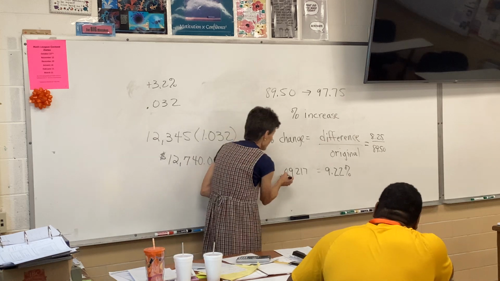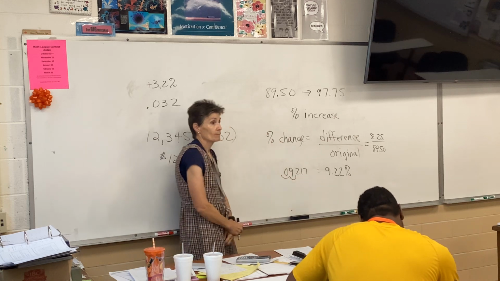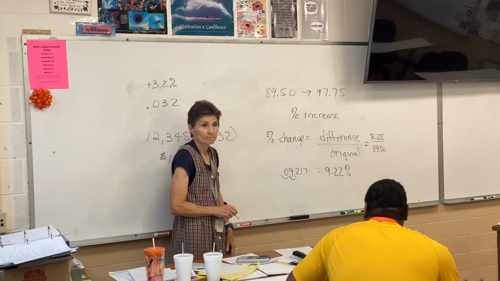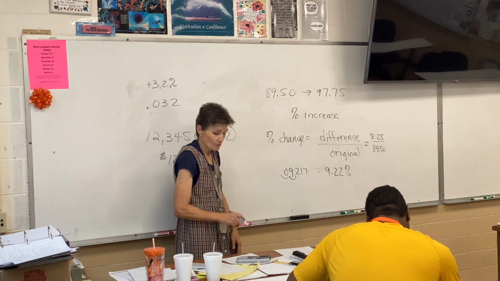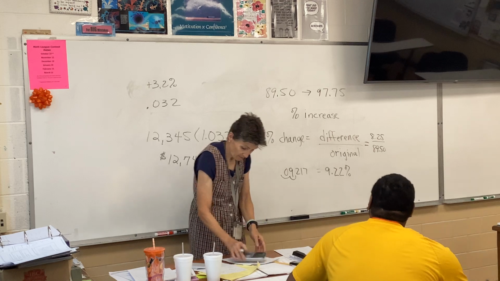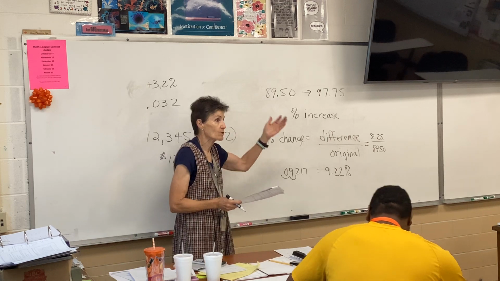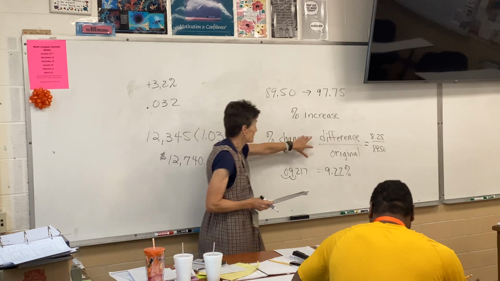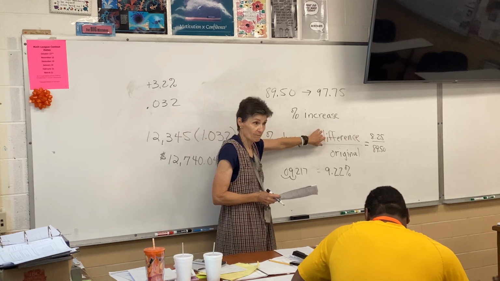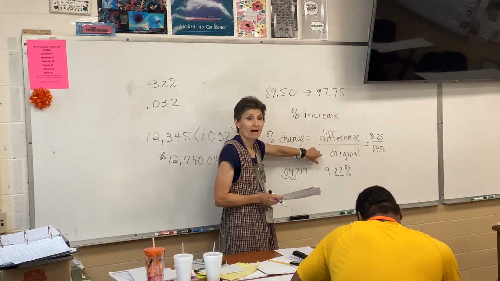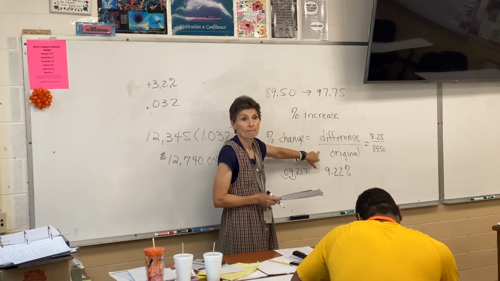So I'm going to change this to a percent, and then I rounded it off to 2 places. So anytime you're asked for a percent change, percent increase or decrease, you're going to use this little formula. Find the difference of the two values, that means subtract them, and then divide by the original one.